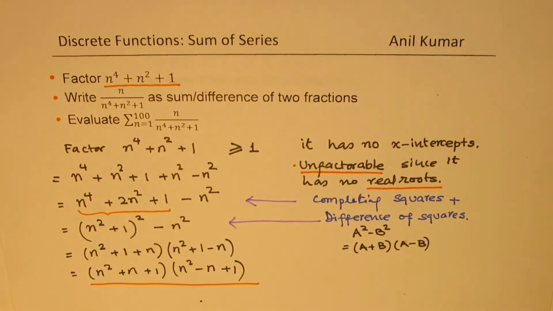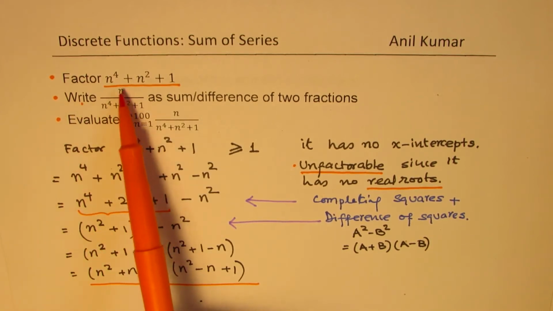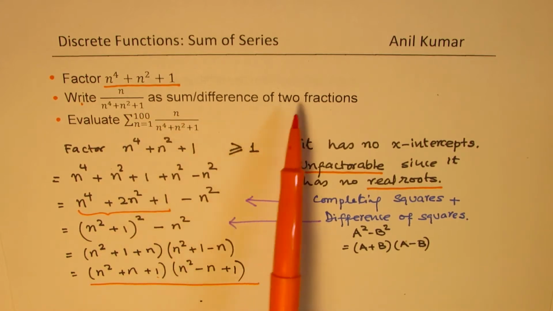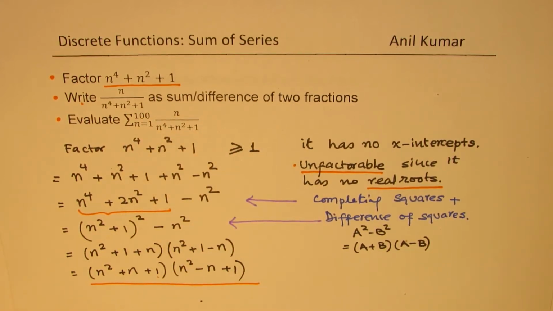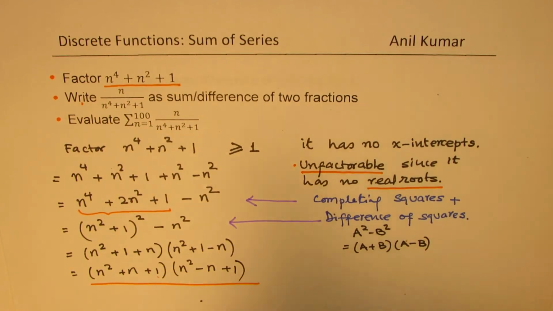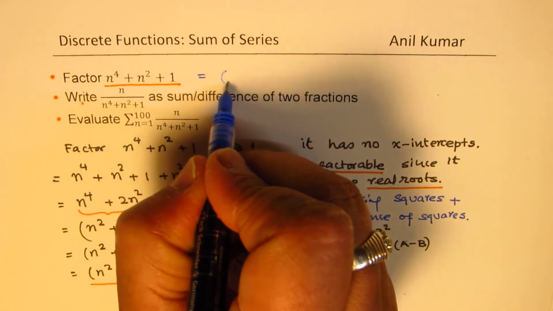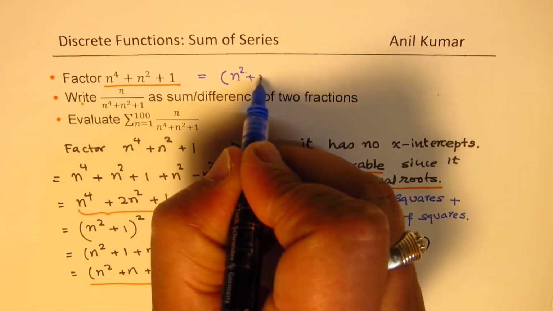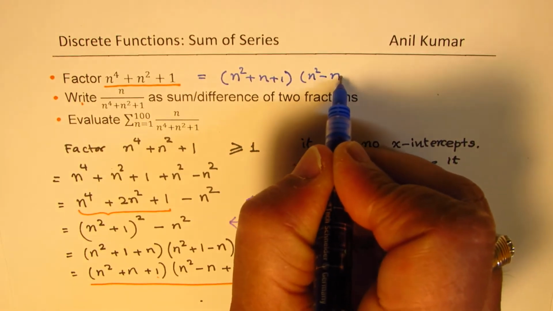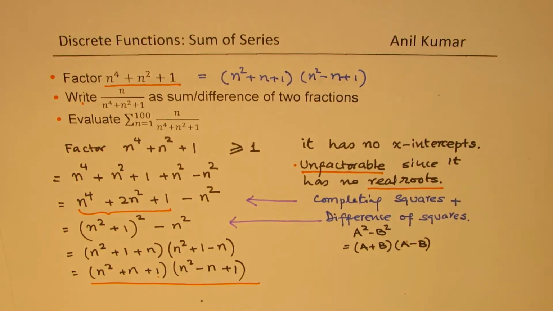Now we'll use this factored form to write n divided by n to the power of 4 plus n square plus 1 as sum or difference of two fractions. So remember, we have factored our trinomial and written it as n square plus n plus 1 times n square minus n plus 1, correct? So let's move forward and take part 2 of this exercise.